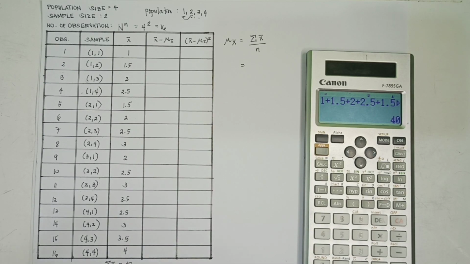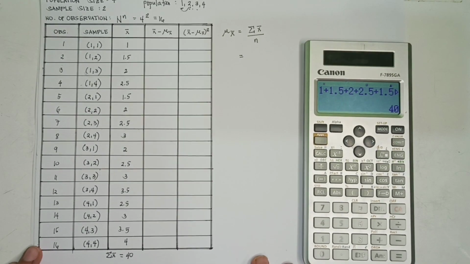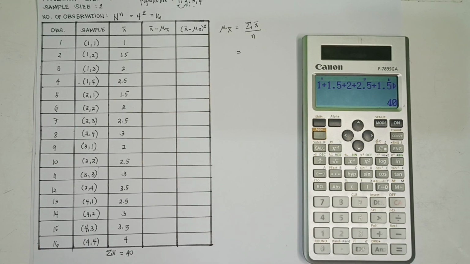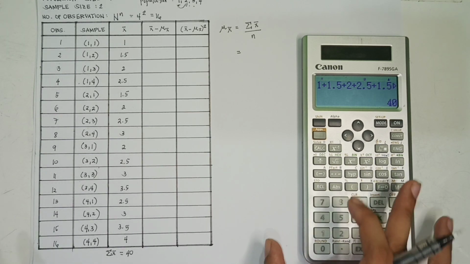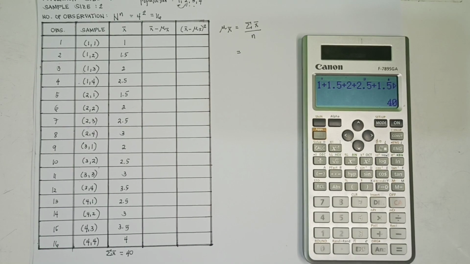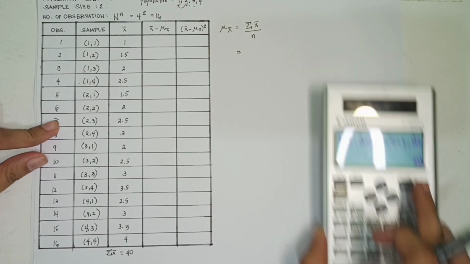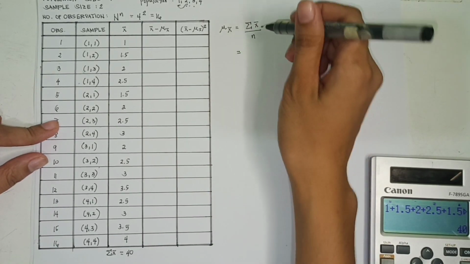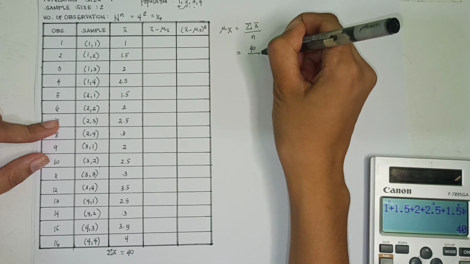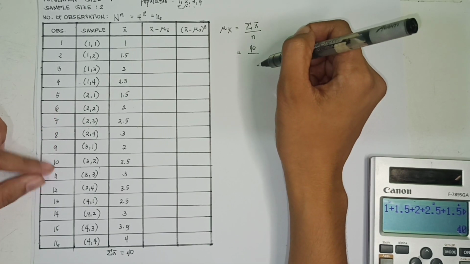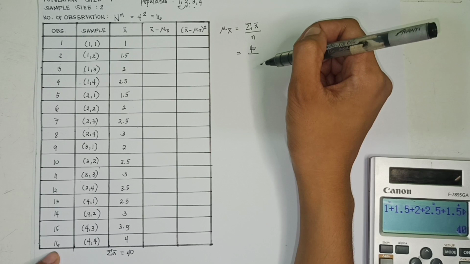Okay, so yung summation of x bar natin or yung summation of means natin is equal to 40. So now, pwede na tayo mag-substitute dito sa ating given formula. So summation of x bar, which is 40, over the number of observations, which is 16.